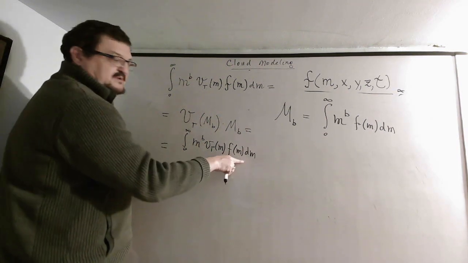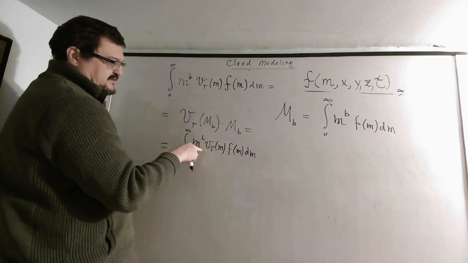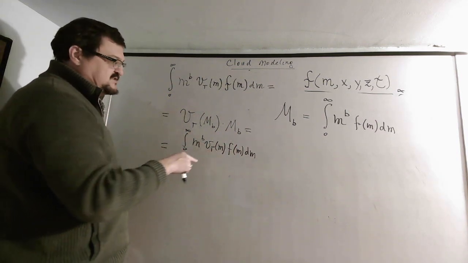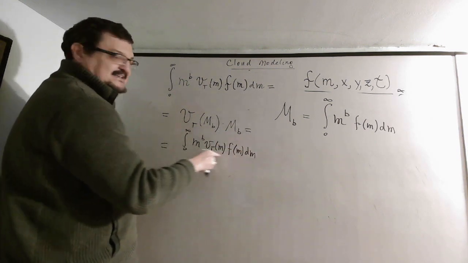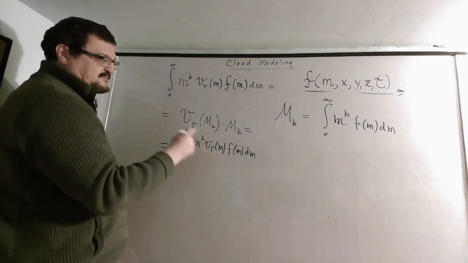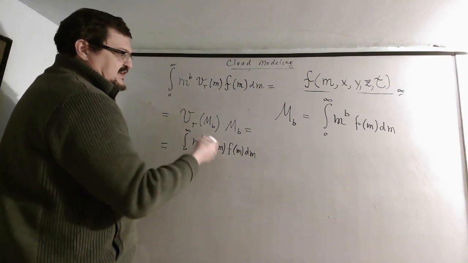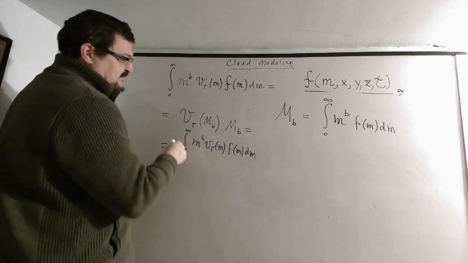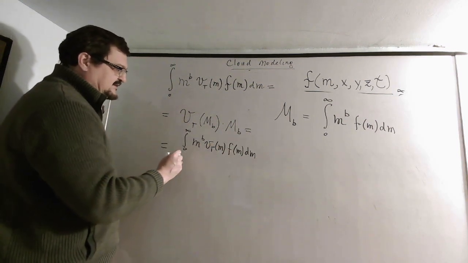And remember, f(m) is known to you, it's an analytical expression. This f is chosen such that you can analytically integrate this integral. If you cannot do it analytically, then it's pretty useless. You can take it numerically, but it would be way too expensive, so it's easier to take it analytically.